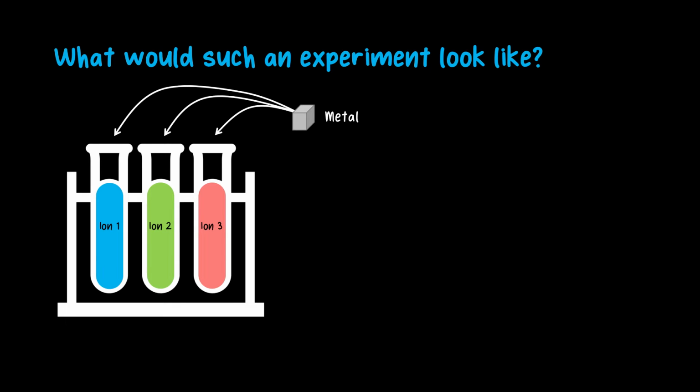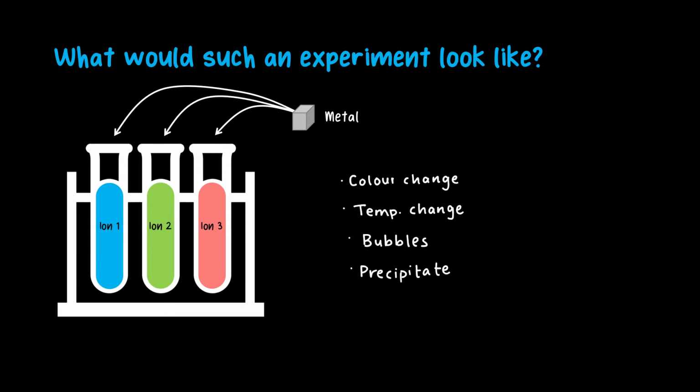And what is evidence of a chemical reaction? Well, it includes things like color change, temperature change, bubbles, the formation of a precipitate, change in pH.